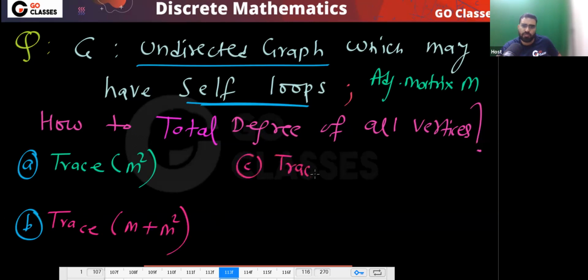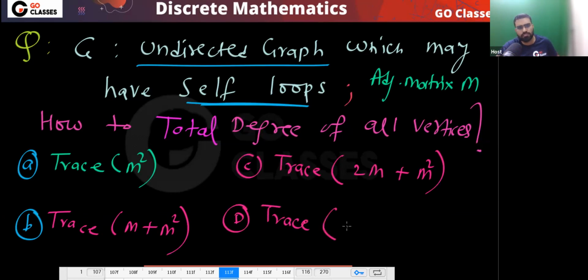Then trace of 2M plus M square. So these are the four options. I should put this question in the test series. I want the correct answer from you.